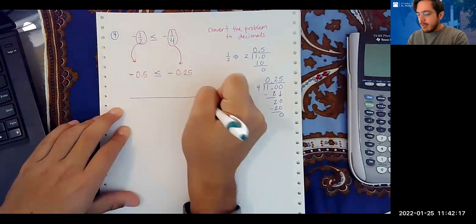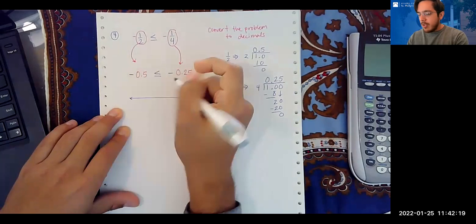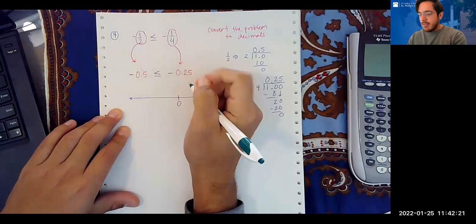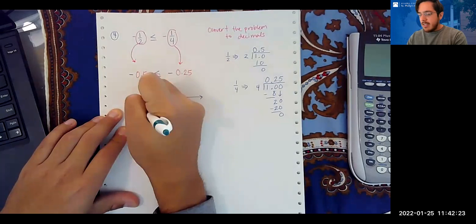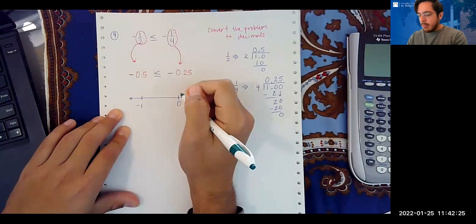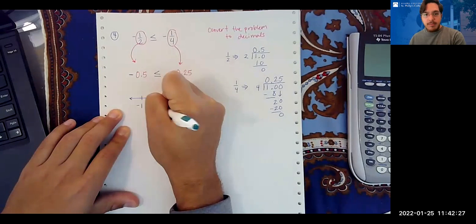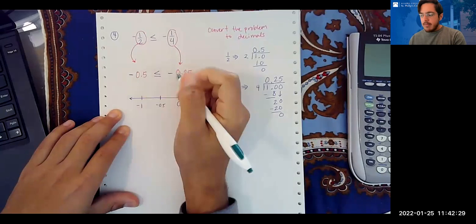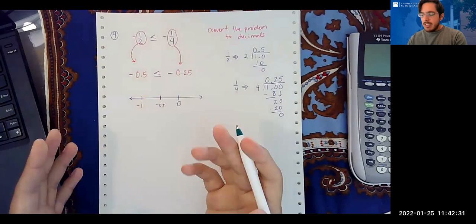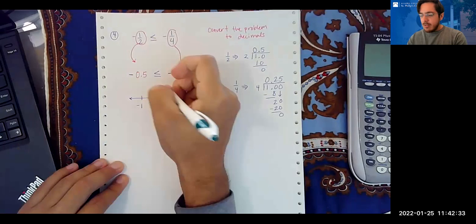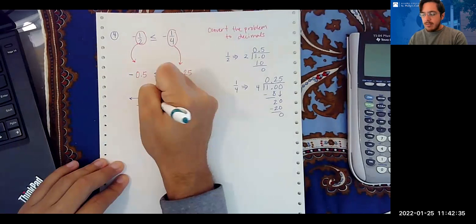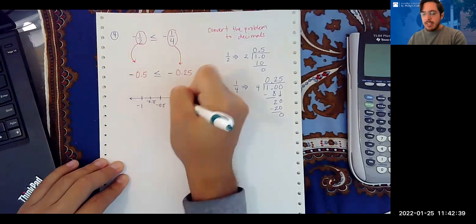If I start with 0 here, and I want to go to -1 here, then negative 0.5 would be the halfway point. And that means that negative 0.75 should be here, and negative 0.25 should be there.